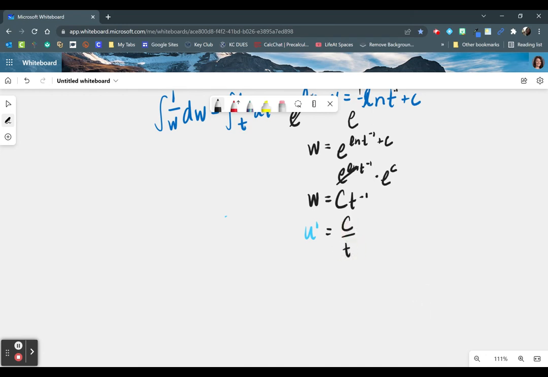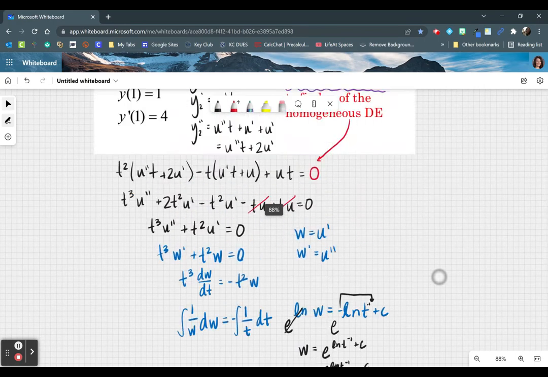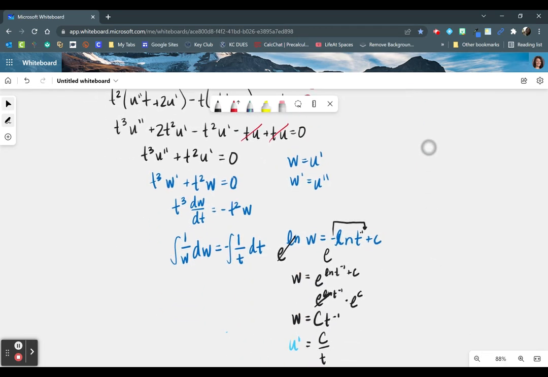And then I would find that u would have to be equal to c natural log t. All right, so I have u, and remember u is just a part of my y sub 2 solution. So y sub 2 is u times t, and I now know that u is equal to c natural log t.